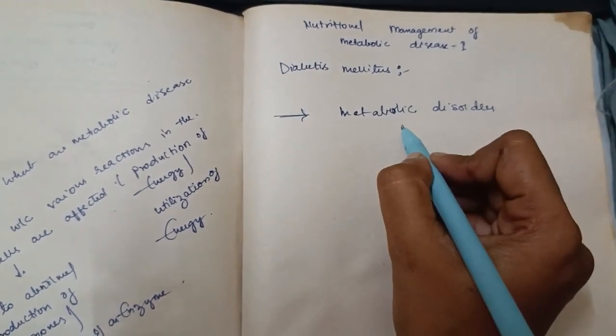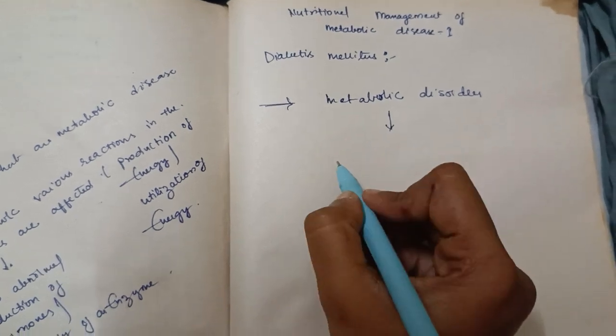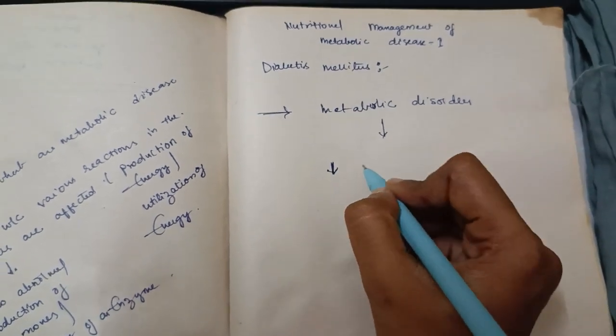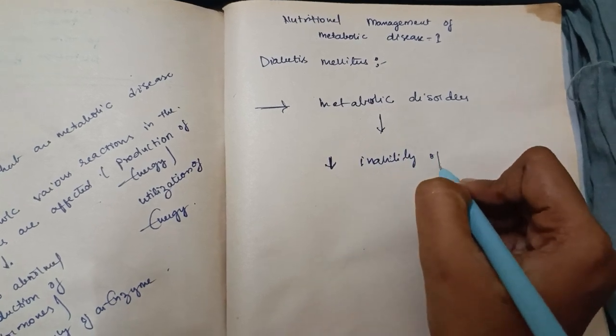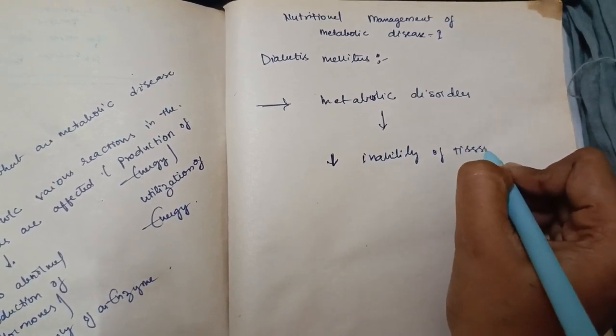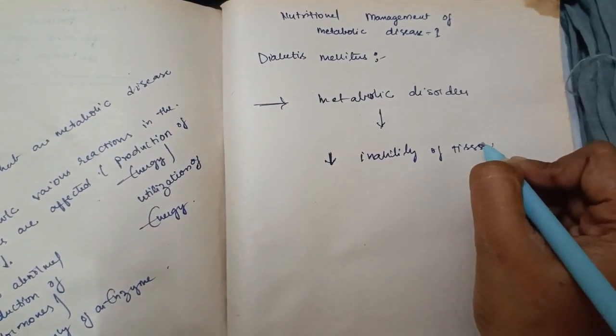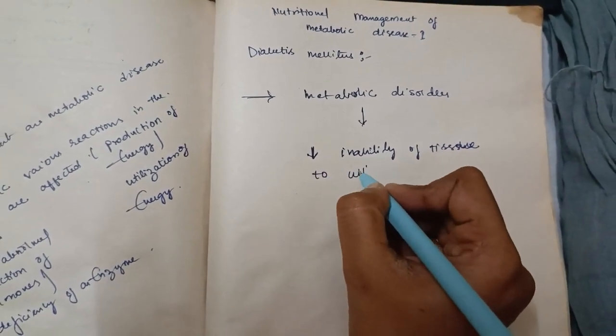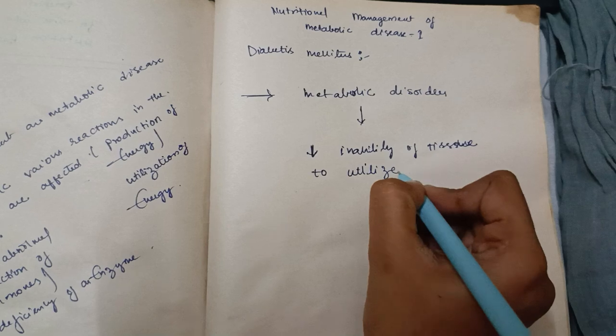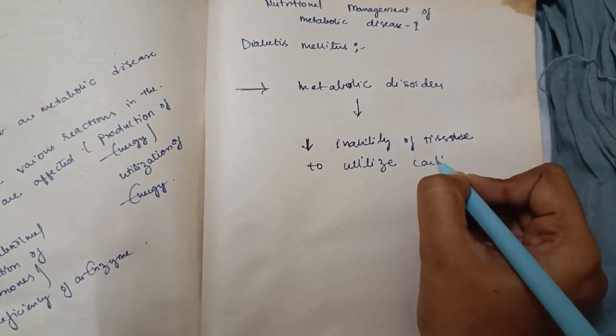It is a metabolic disorder characterized by decreased inability of tissue to utilize carbohydrate.